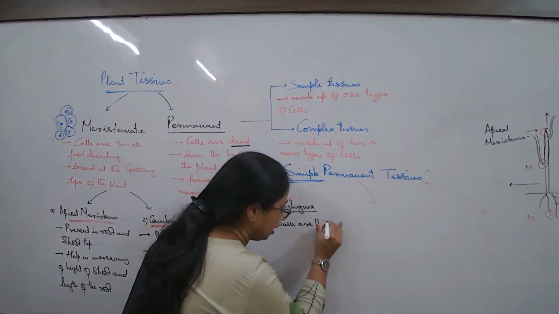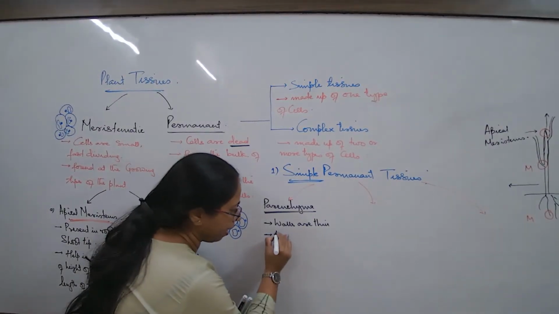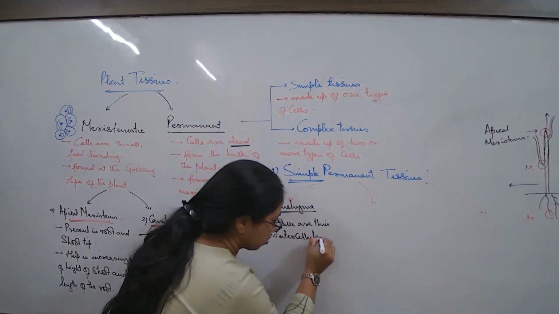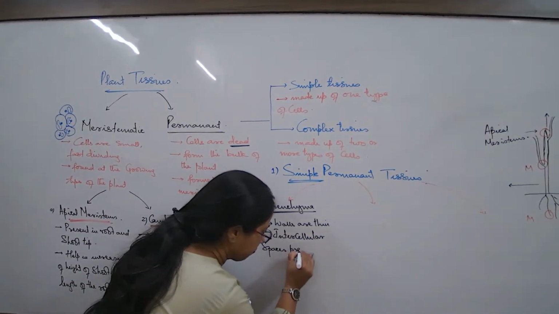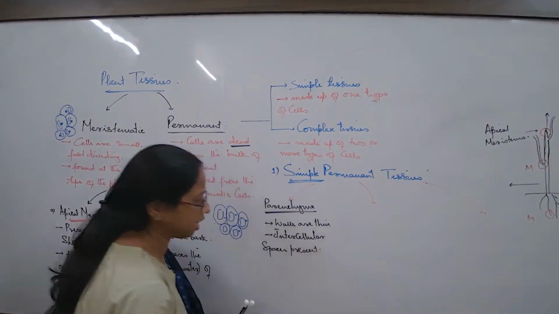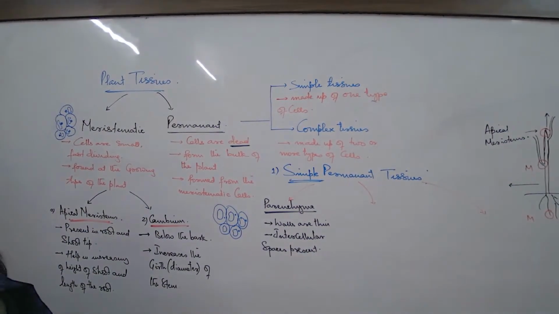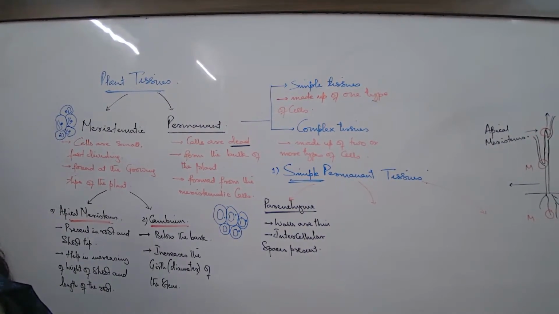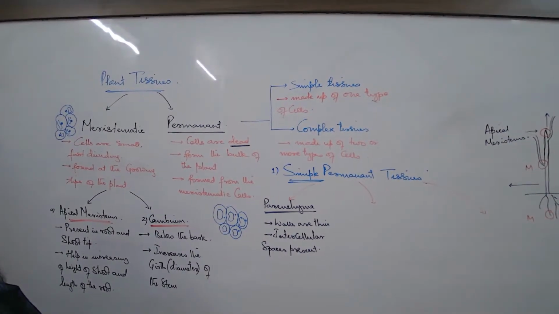Do they have a nucleus, and is the nucleus functional? No. The nucleus cannot show the process of division. Vacuole present? Yes. Intercellular spaces there, wall is thin. So these are some features.